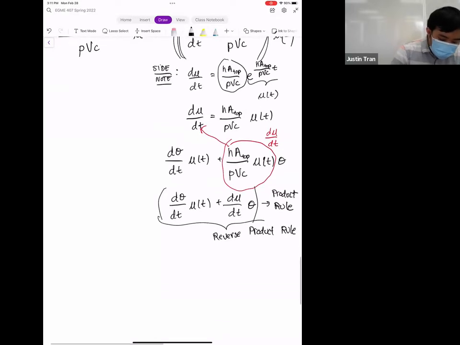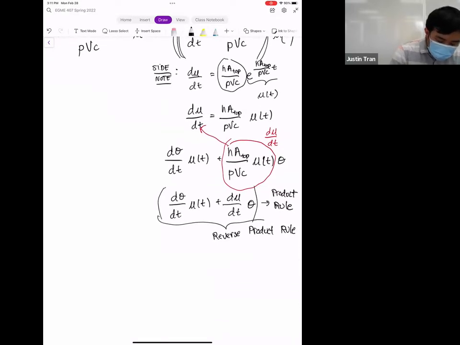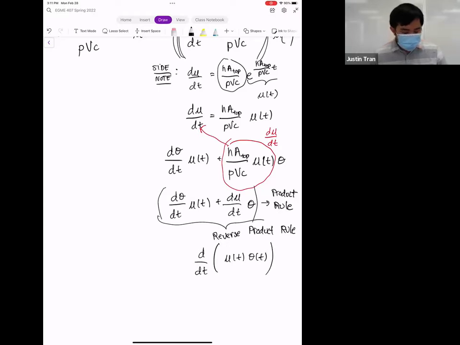Instead of this monstrosity here, we can have d dt of mu of t times theta of t. And this is great to work with, because in order to solve for what's on the inside, we just have to integrate once with respect to t.